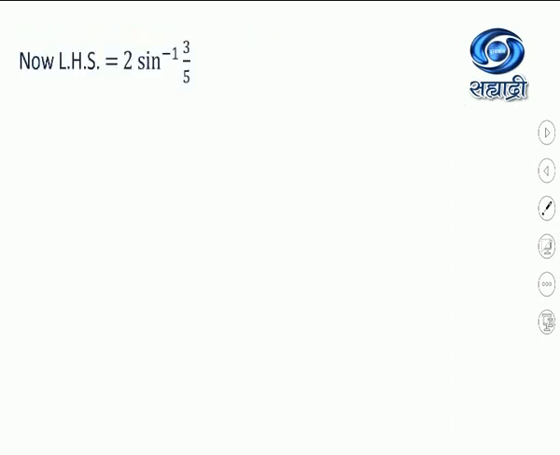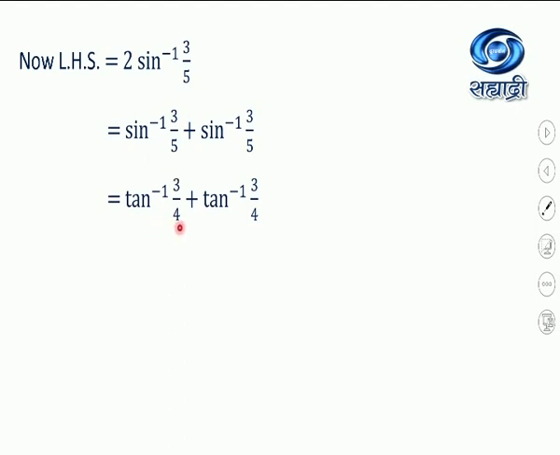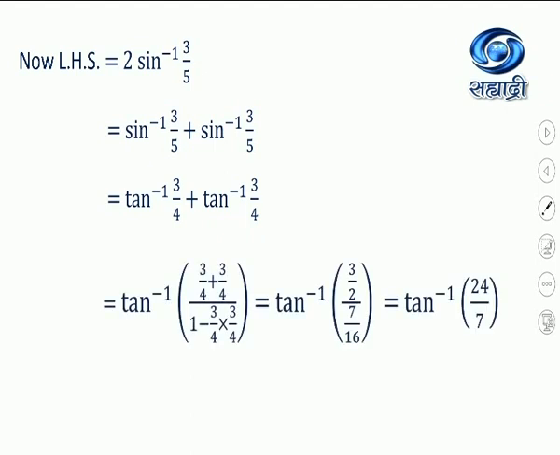Okay. Now, in LHS, which is 2 sin inverse 3 by 5, we split as a sum of the same terms, sin inverse 3 by 5 plus sin inverse 3 by 5. But sin inverse 3 by 5 we got as tan inverse 3 by 4. So substitute. Now with the property tan inverse of x plus tan inverse of y is equal to tan inverse of x plus y upon 1 minus xy, where xy is less than 1, right? This property we already used in the previous sums.